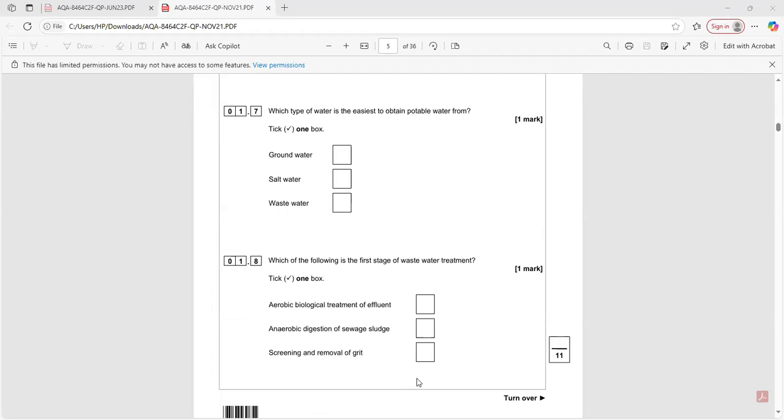Did you say ground or salt? Ground. Okay, why did you say ground? Because I was thinking that you would go for salt. It said easiest to obtain, and groundwater is usually most likely to. Yeah. Okay, so yes, you are correct.